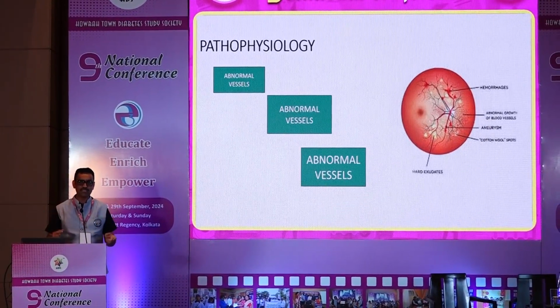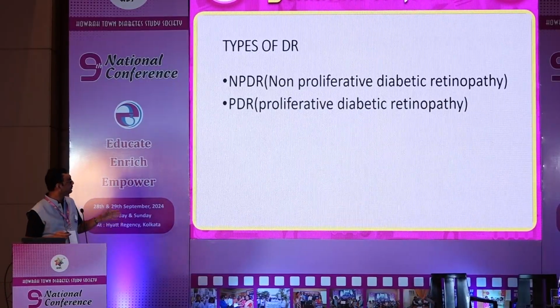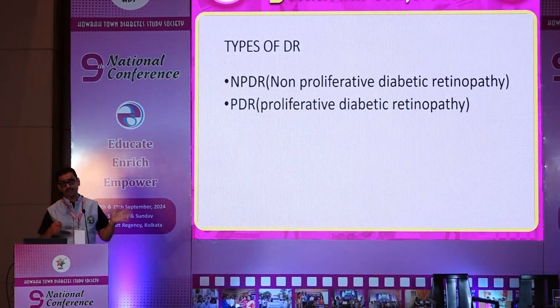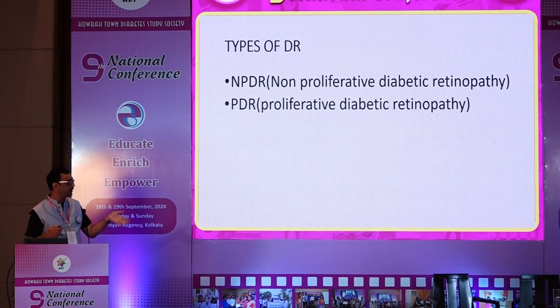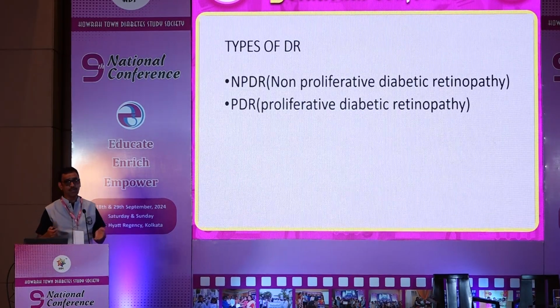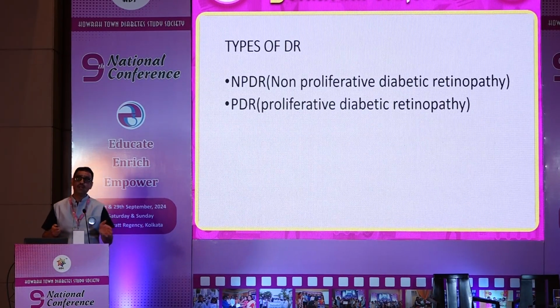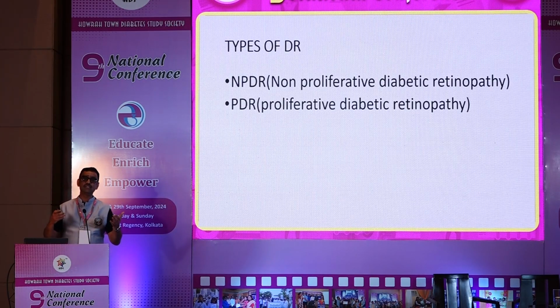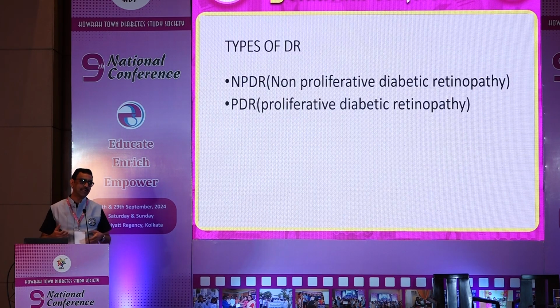It is all about the vasculature. If you come to the types, this again is a VR subject. We have non-proliferative diabetic retinopathy, the earlier stage where we can intervene in a much more effective fashion, followed by the more aggressive proliferative diabetic retinopathy.